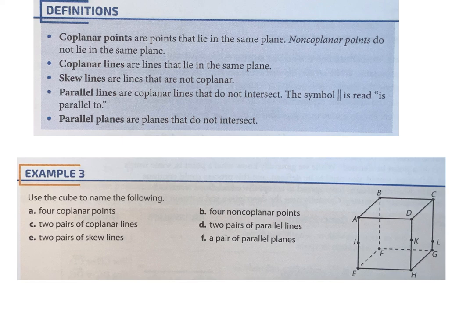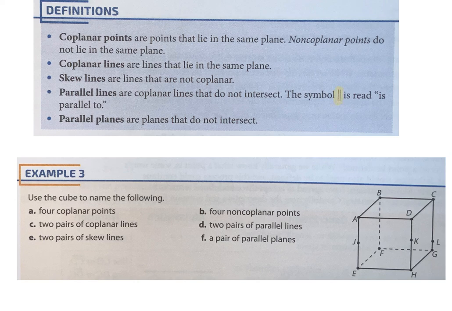Parallel lines. Parallel lines are coplanar, and they do not intersect. So prior to this, you may have said, well, parallel lines never intersect. But that's not specific enough anymore because skew lines do not intersect either. Parallel lines are lines that are on the same plane, but they never intersect. And they give you another symbol here. This is a symbol that you need to know for parallel.